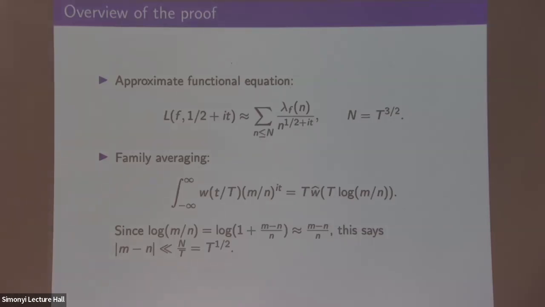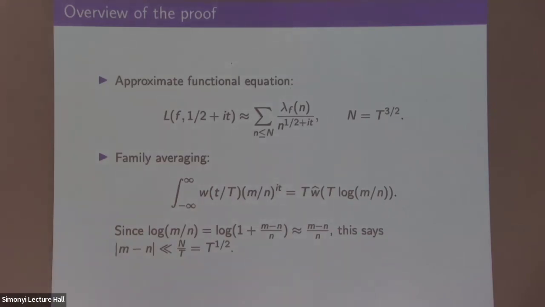You just change variables, and this is t times the Fourier transform at t log m over n. Then w is some fixed Schwartz class function, and so is w hat. So if m over n is not close to 1, then w hat of t log m over n is going to be tiny. This is a way of saying that m and n have to be close to each other.